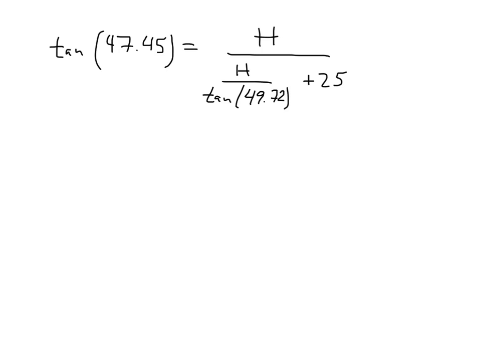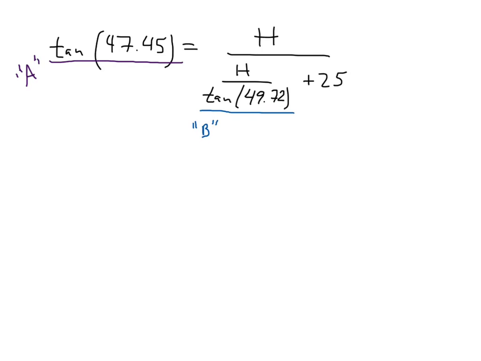So for convenience in writing this down, I'm going to make some substitutions here. I'm going to replace tangent of 47.45 with the capital letter A. And I'm going to replace the other tangent value with the capital B, just so that it takes less space to write.